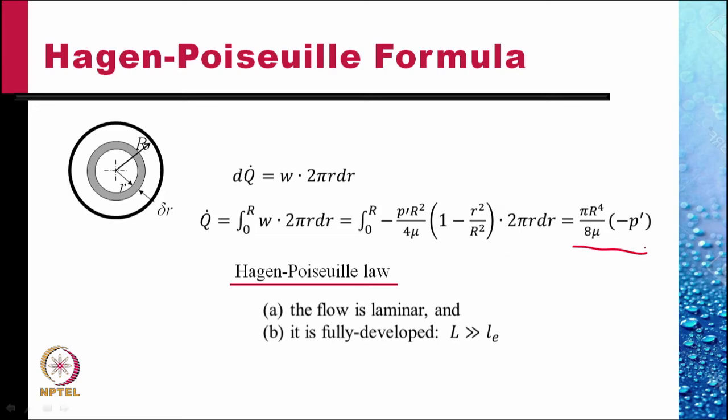This is known as the Hagen-Poiseuille law and depends upon two conditions. The flow is laminar and fully developed, that is, the length of the pipe is much larger than the entrance length, so that the end effect can be neglected.